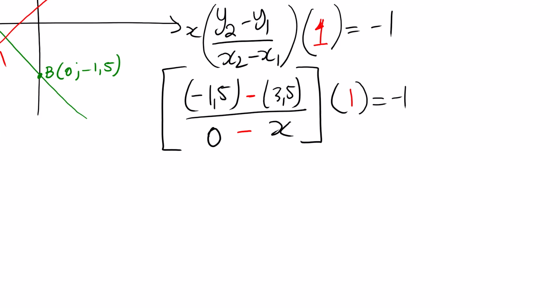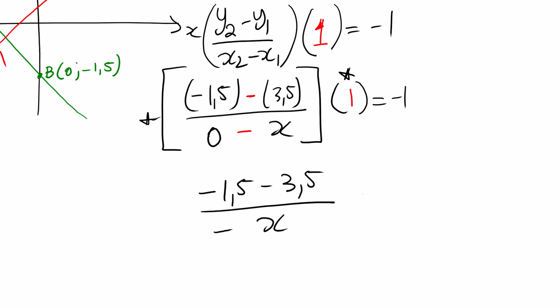From here we can see that basically this bracket multiplied by 1 is simply the bracket, so we can remove the square brackets and then we are left with -1.5 minus 3.5 over 0 minus x, which is -x. It's equal to -1.